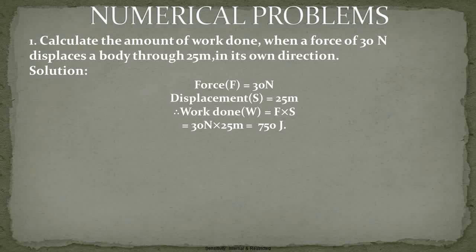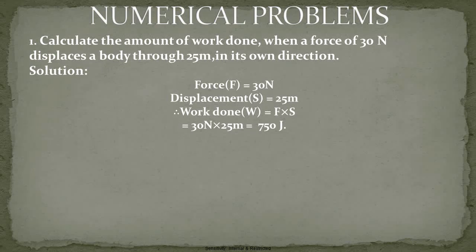It will be 25 meter. So after solving this, we'll get the value of the work done. It will be 750 Newton into meter, and already we have seen that N into M is equal to J, that is joule. So work done will be 750 joule.